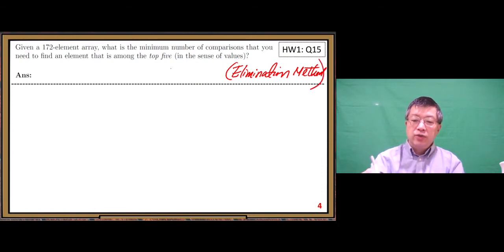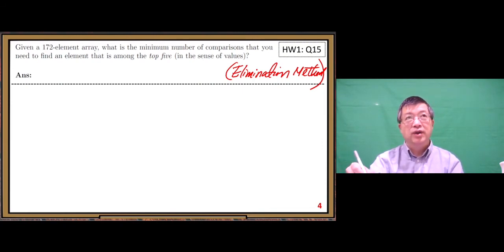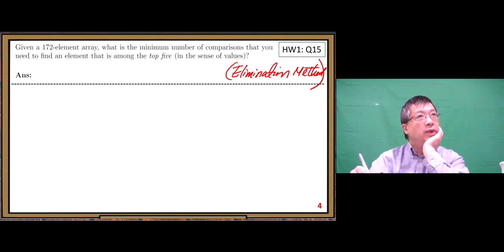When we learn binary search, let me give you the reference: the elimination method we talk about in the binary search, in module 4, part A, 8.1, M4A1.